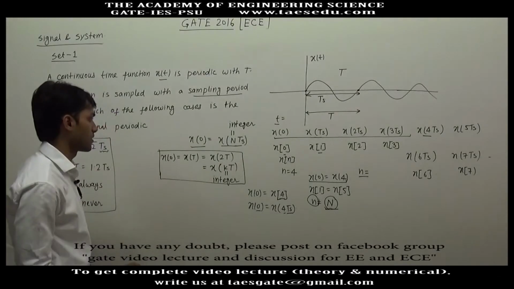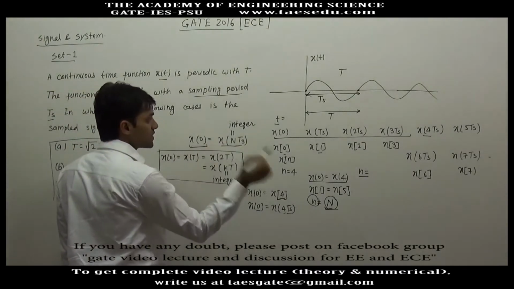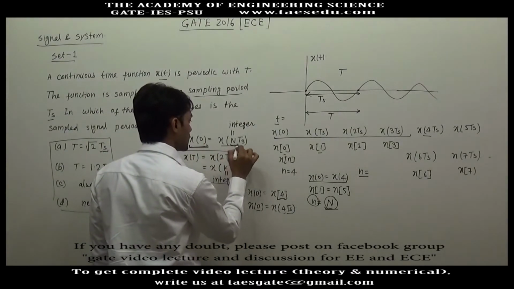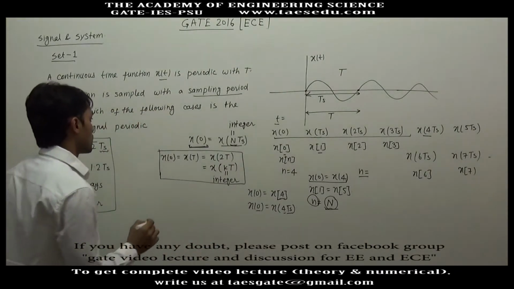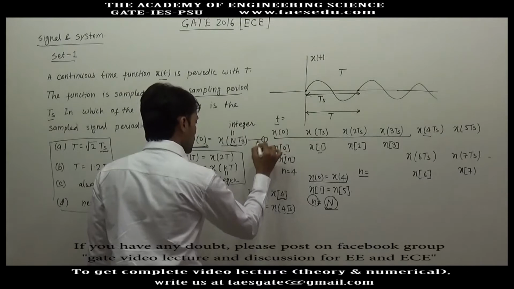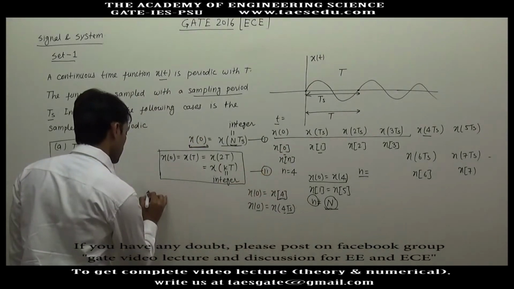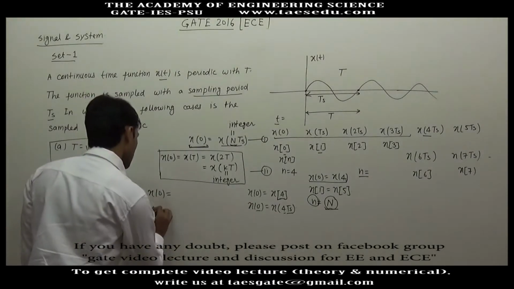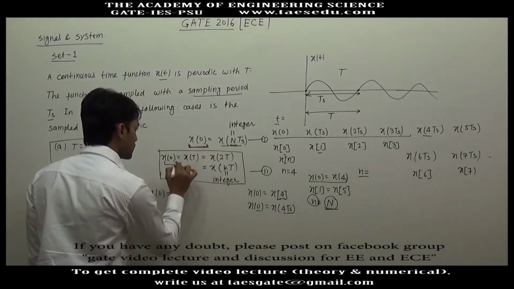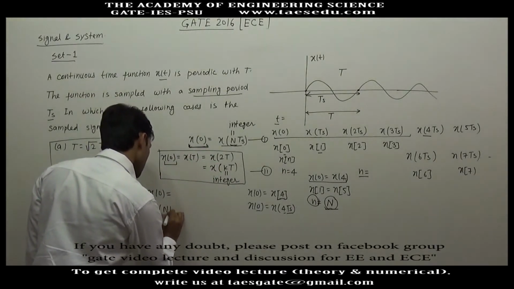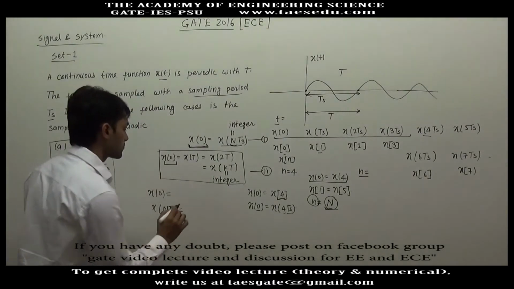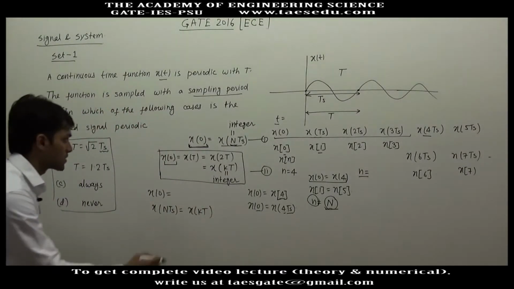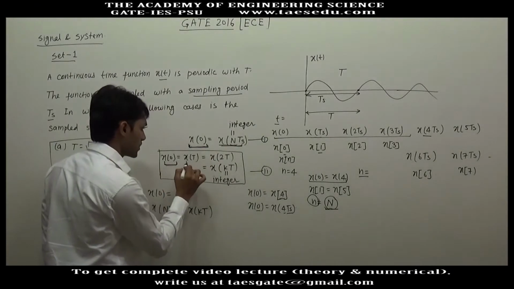To make the sampled signal periodic, x0 has to be equal to x(N Ts) for some integer N. So let's say this is equation 1 and equation 2. From equations 1 and 2, x(N Ts) has to be equal to x(kT), since both are equal to x0.